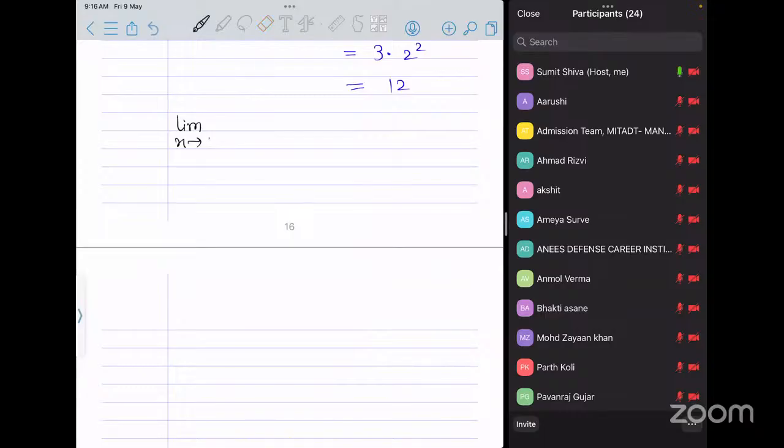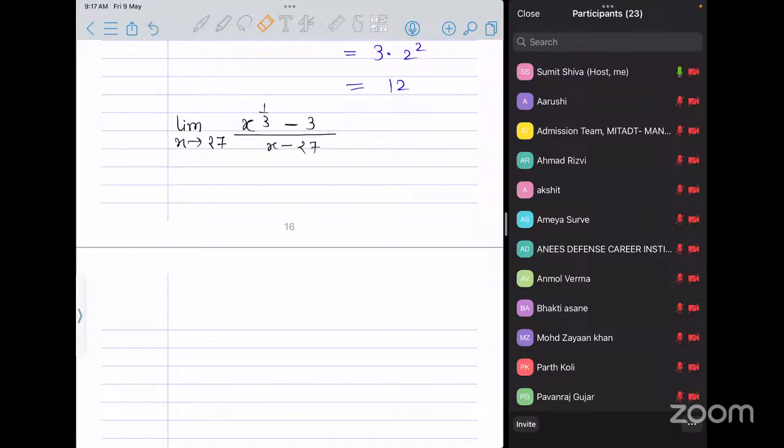So let's say I have here limit x tending to 27 of x raised to power 1 by 3 minus 3, divided by x minus 27.